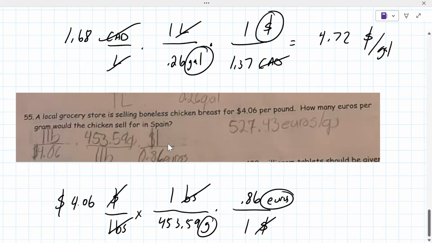So your number is off here because you've got to multiply the top divided by the bottom. It's going to be pretty low. Let's take another look here. Yeah, so this is 0.0077 euros per gram.